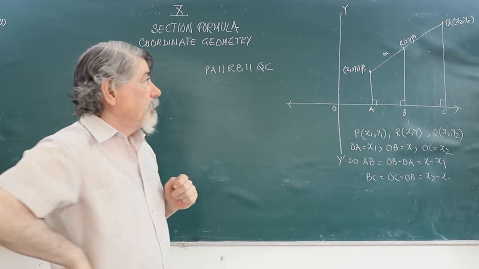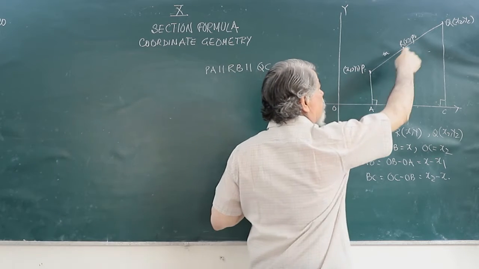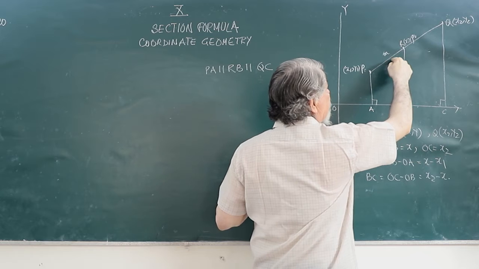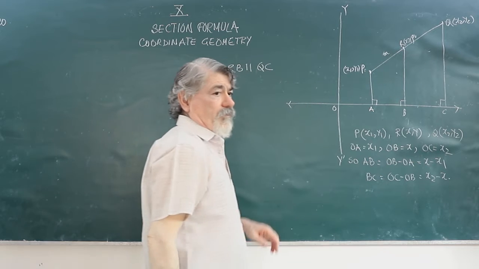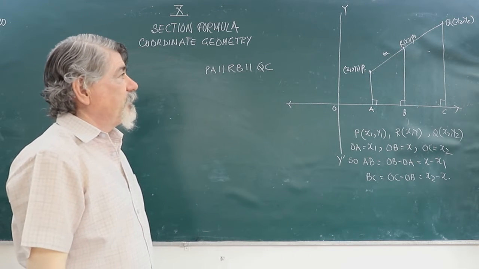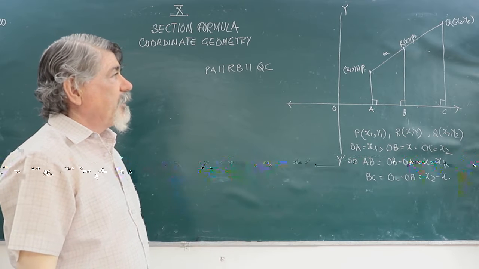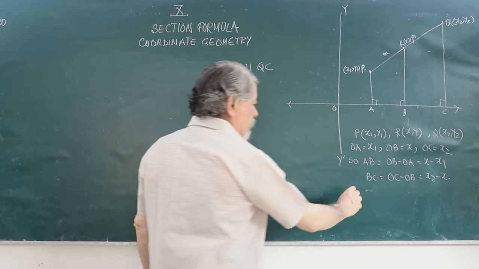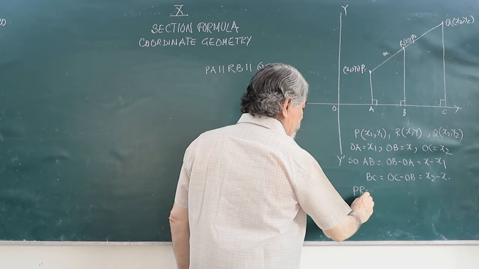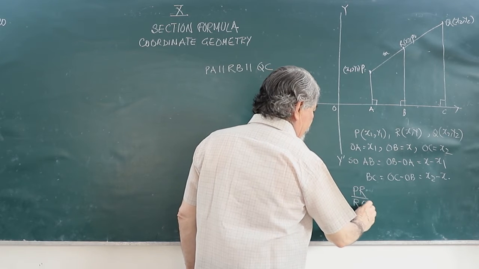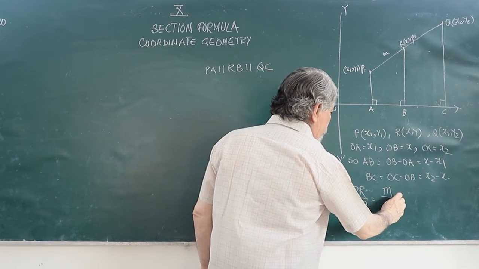Another thing is that this transversal PQ divides it in the ratio m:n. PR is to RQ is given as m/n.